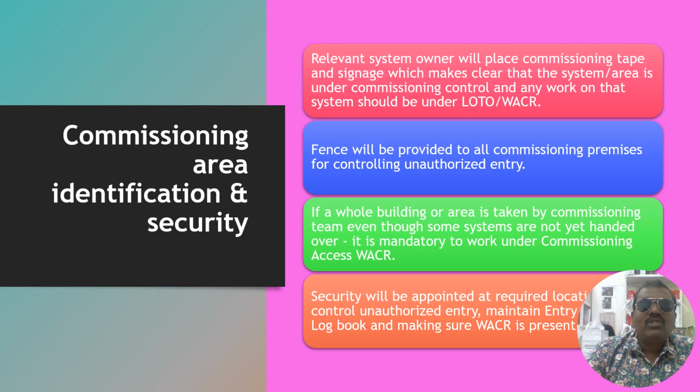Okay, commissioning area and identification security. Why is it required? Because in the construction field, while we hand over to commissioning, at the same time we cannot switch on all the breakers, or energize all the panels. In these conditions, for example, this is a room, here there are 10 electrical panels, and only one electrical panel will be energized.